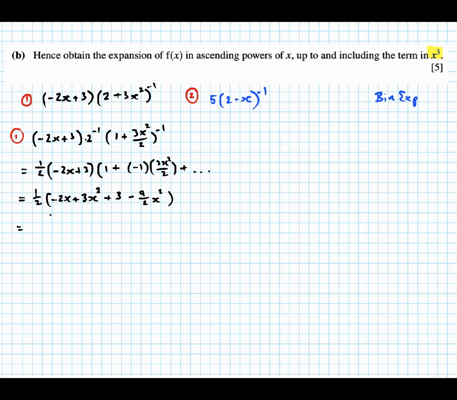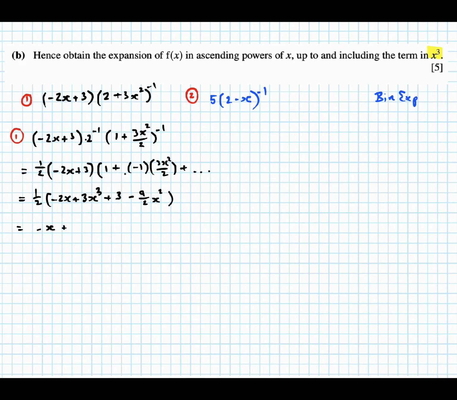We end up with a square there, so we'll have a cube. And just a half times that, a half times this, a half times that.